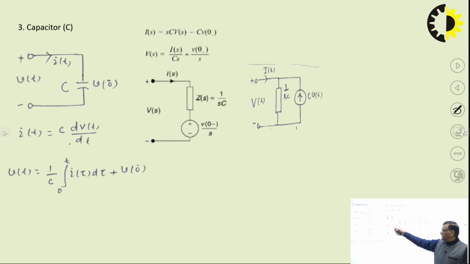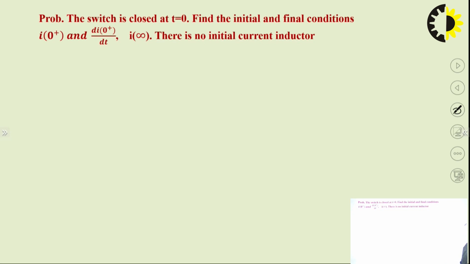Here it is convenient to apply Kirchhoff's voltage law, and here it is convenient to apply Kirchhoff's current law. Depending upon the network configuration, whichever law is appropriate, we can modify the circuit accordingly. So I(s) is equal to sC V(s) minus C V0. This is just the theoretical background of this topic.